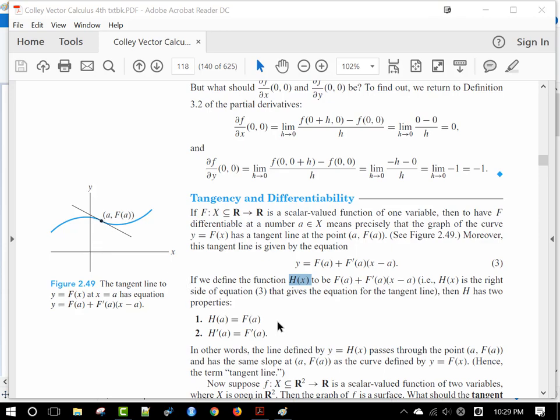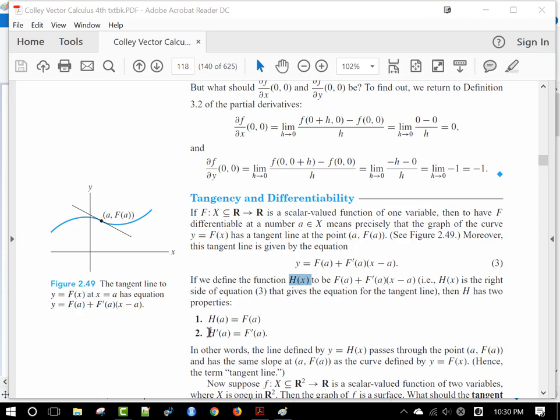And the second thing is that the slope of this line is not the same as the slope of the blue curve, at least not everywhere. But certainly at this one point, the slope of this line is the same as the slope of the blue curve there, because that's what we mean by the slope of the blue curve there. So that's what this says.